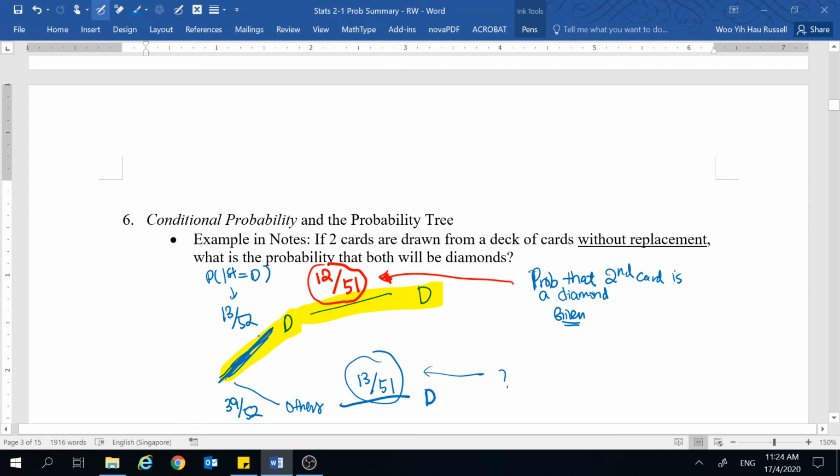That's why you are left with 12 cards, 12 diamonds left. So given that the first is a diamond, this idea is super important.